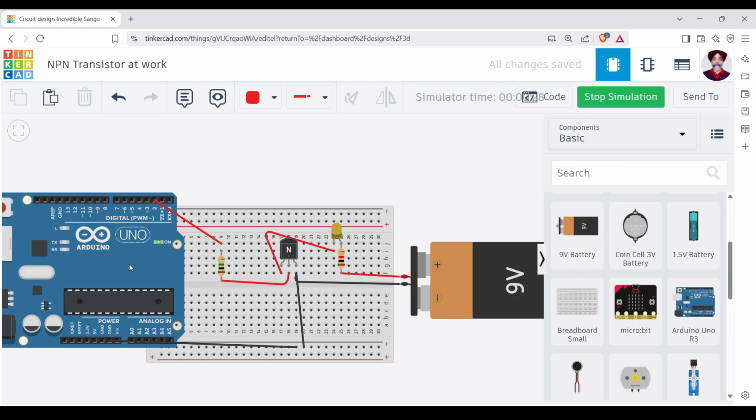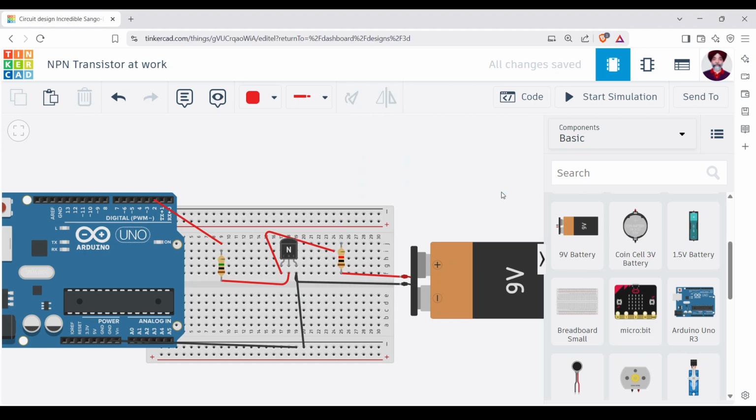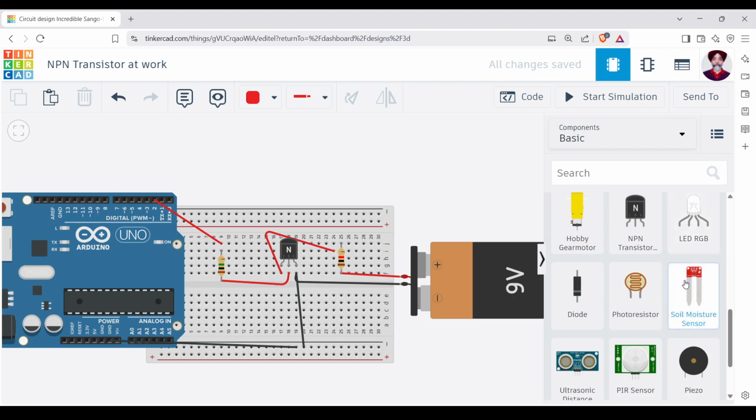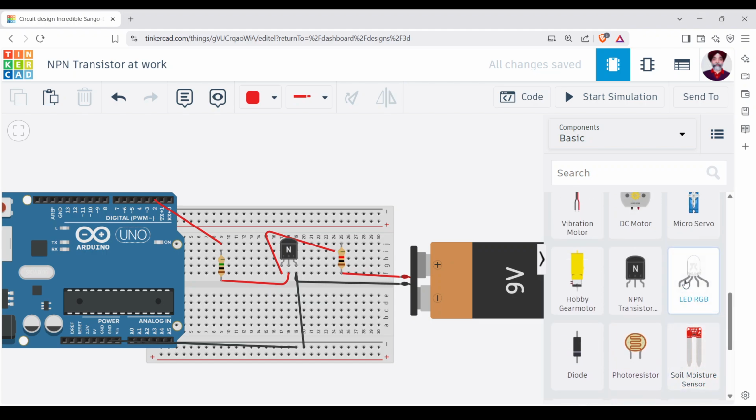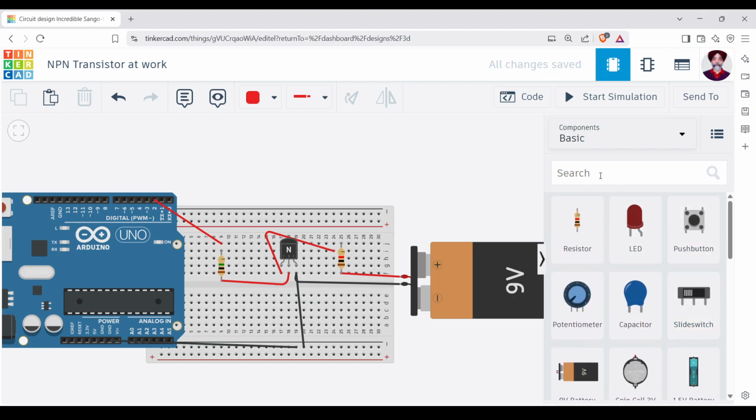Arduino can supply maximum 5 volts, and I want larger voltage. For example, here I am using 9 volt, and maybe I don't want to use an LED. I want to use a motor maybe. Let's use a motor. Let us use a DC motor.